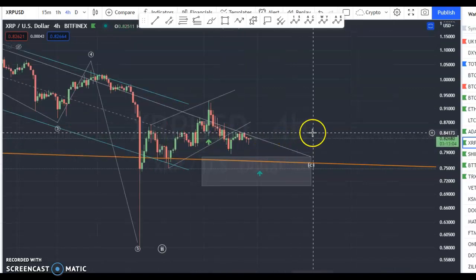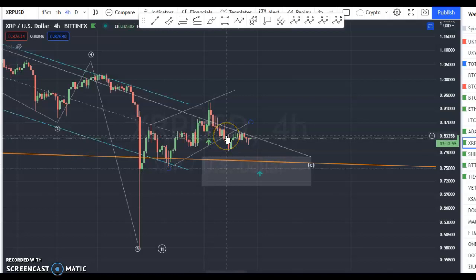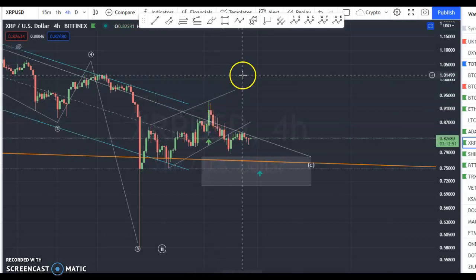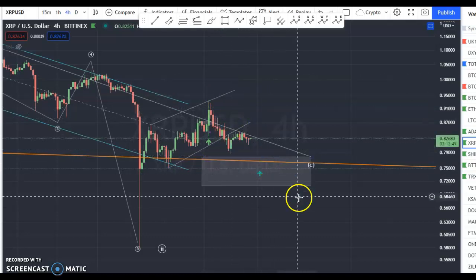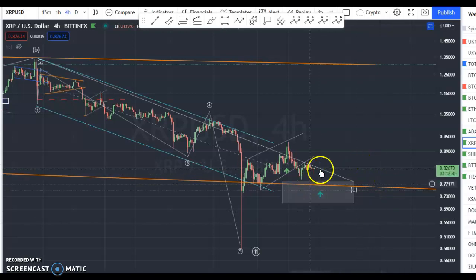I don't know how I managed that, but I got in right there. And then I closed it when it came down because it broke below that candle. It's supposed to go up, pull back to there and keep going, but it didn't, it went all the way back down. So unfortunately, I'm out of that trade.